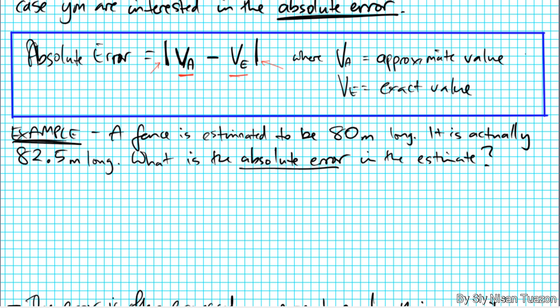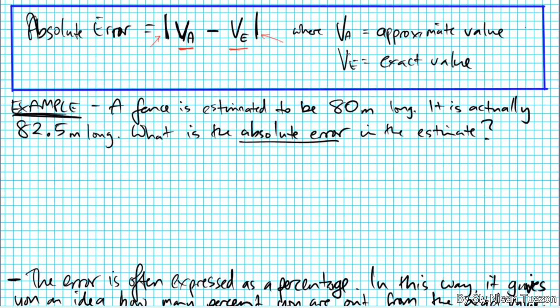So you don't care whether the approximate value was smaller and the exact value is bigger, you'd get a negative number. You would just convert that negative number to positive. Those lines on either side just indicate that you only care about the size of the error, not whether it was positive or negative.